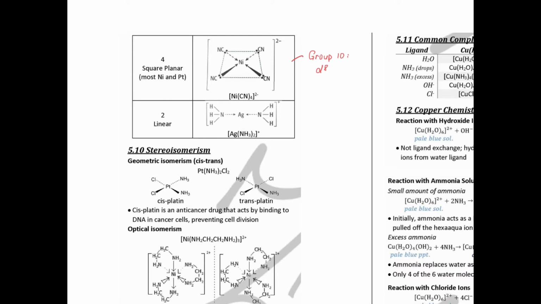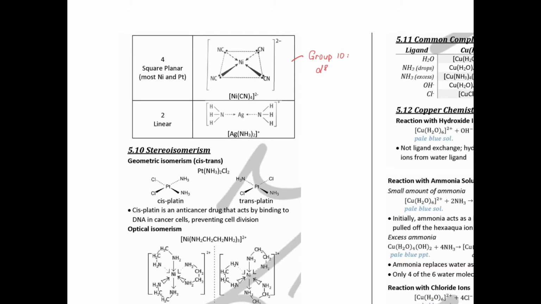Other than nickel, platinum, you put tetrahedral, and the chance to get it correct is very high. Or you can use the periodic table to check, is it group 10 or not. If group 10, then just mention square planar. Now that is the confusing part because they have 2 options, tetrahedral and square planar.